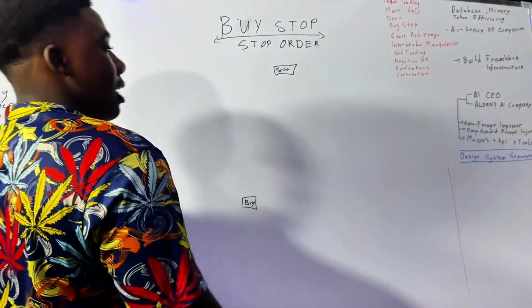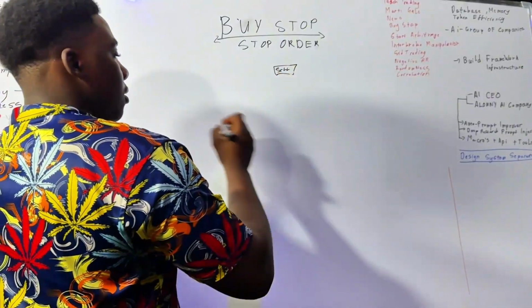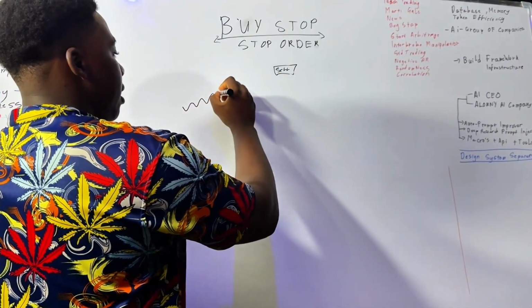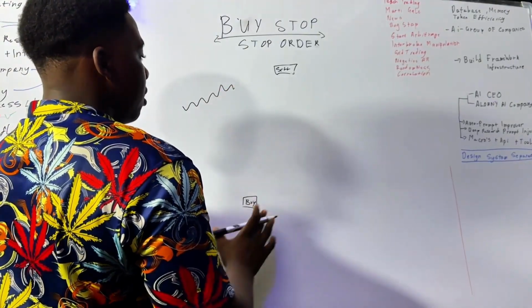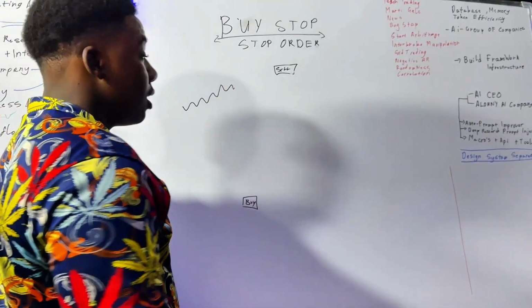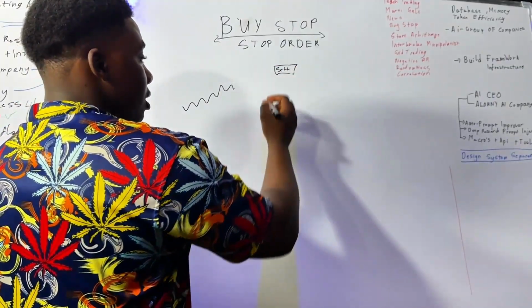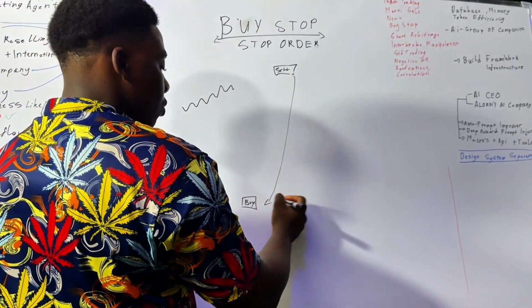So what's going to happen is that if this guy sells there, let's say the market is moving there, and then news starts, and then that guy sells, his order is going to be matched to that guy.